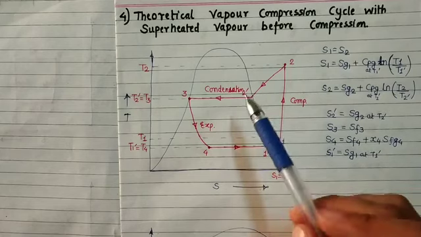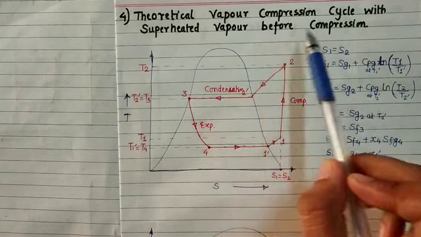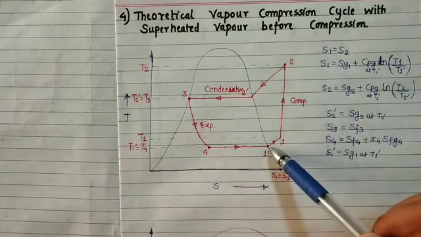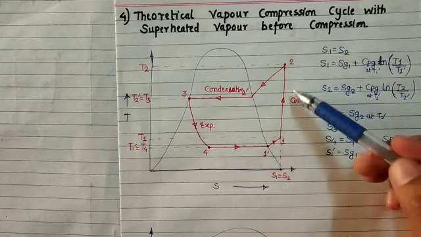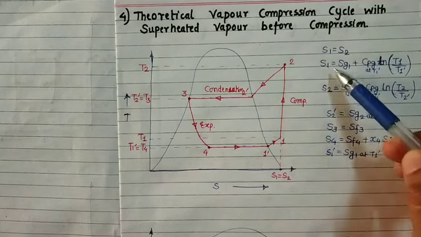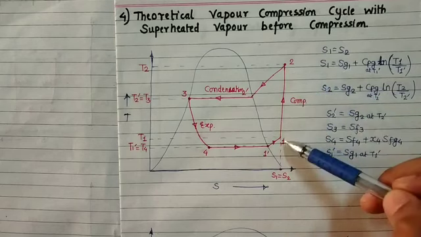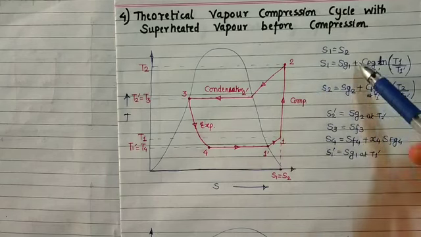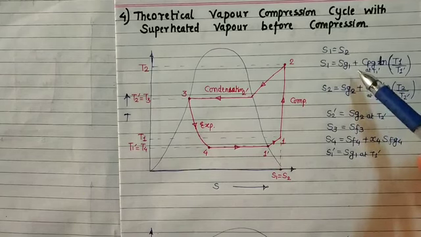So this is what we want in this condition, the theoretical vapor compression cycle with superheated vapor before compression. Vapor should be superheated before the compression process. As we know that compression is isentropic, S1 is equal to S2. Both S1 and S2 are in the superheated region, so this formula needs to be applied for calculation of S1 and S2 both.